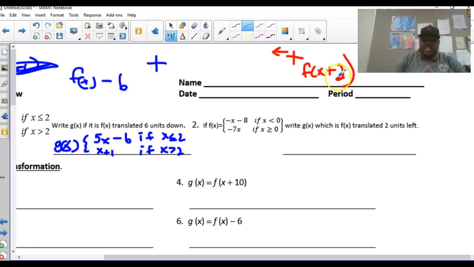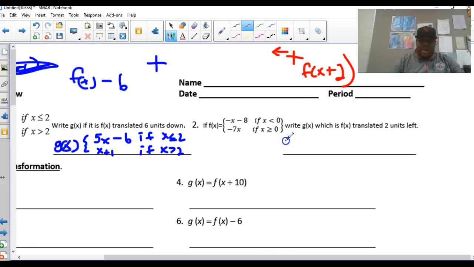So we take the x and we're going to add 2 to it. So here is the function. The only thing that's affected here is going to be the x value. We're literally going to add 2 to the x to shift this thing to the left.